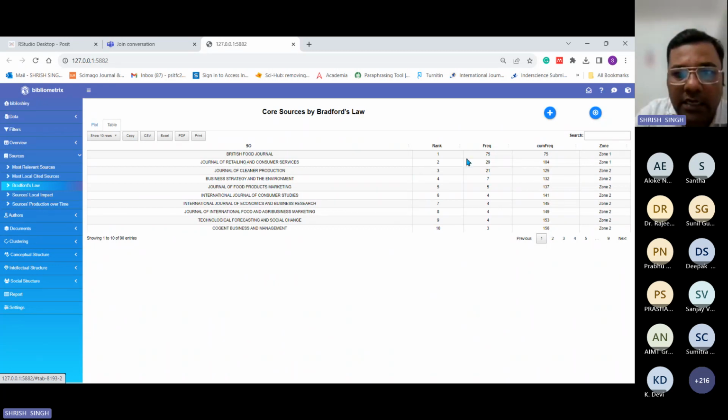Similarly, you can see here that only two journals include more than 100 papers in themselves. So we are classifying these two journals in zone 1. It again shows some sort of most significant group of journals. So Bradford's law shows which few most important journals are there in your research area which have the maximum number of publications in themselves. I hope it makes sense. It is clear.